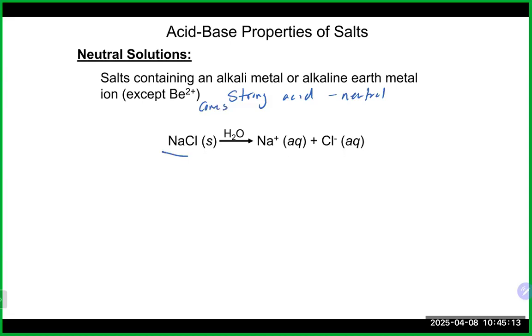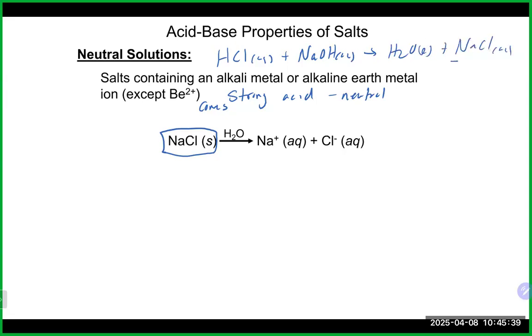So for example, if you had sodium chloride and you're not really sure what it came from, what you might want to think about is what two things, an acid and a base, could make sodium chloride. Hopefully you can reason that if you took some hydrochloric acid and a little sodium hydroxide, you will get water and you will produce sodium chloride, which means most likely this salt came from hydrochloric acid, which is a strong acid.